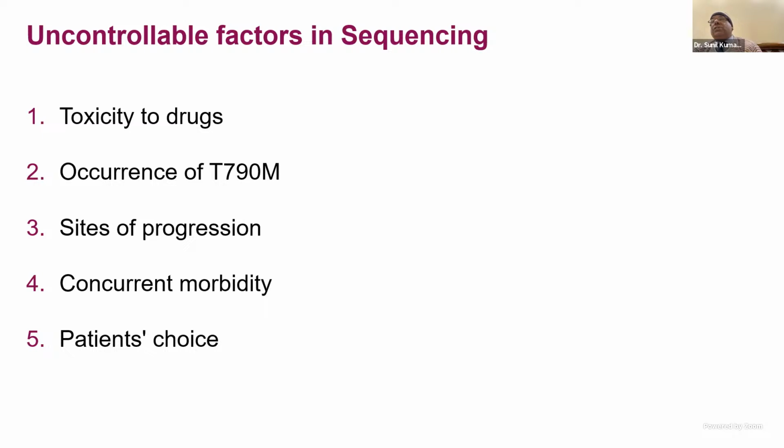Occurrence of T790M: approximately 40% of patients had a T790M mutation in the Japanese and Taiwanese studies. Site of progression: if brain, no TKI crosses the blood-brain barrier except osimertinib. Concurrent morbidity and patient choice are again important factors, in terms of finances, and patient's choice in terms of toxicity also. Next slide, please.